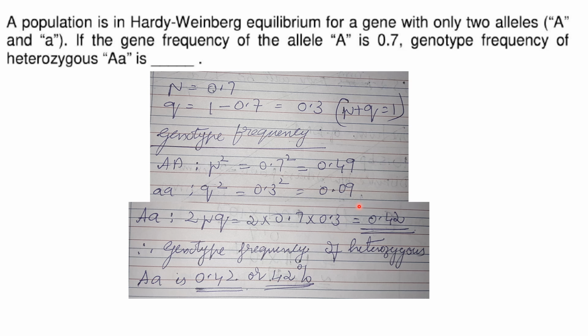But in the question, they have asked only the genotype frequency of heterozygous condition, capital A, small a. So, capital A, small a will be 2PQ. That will be the heterozygous condition. So, 2 into 0.7 into 0.3, that is 0.42. So, genotypic frequency of heterozygous capital A, small a is 0.42 or 42%.